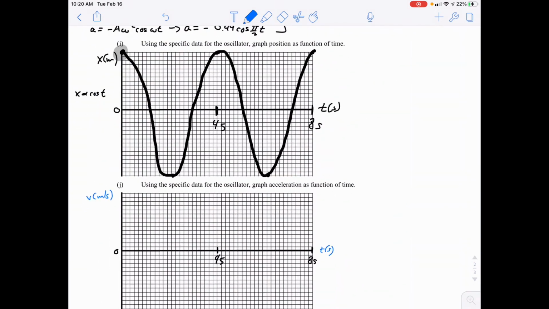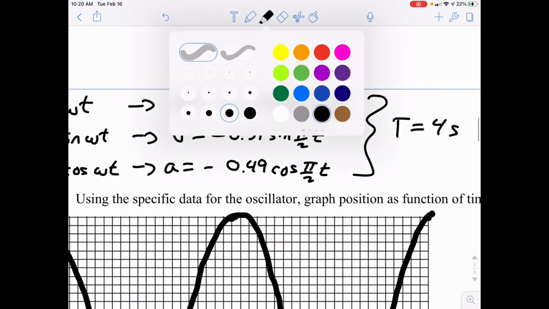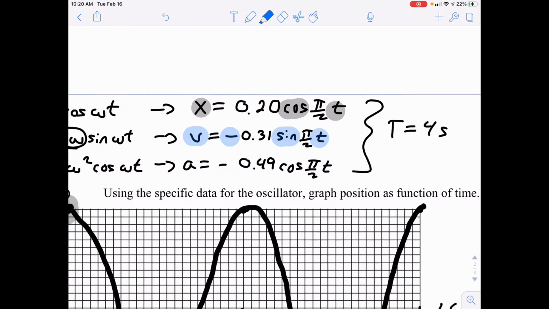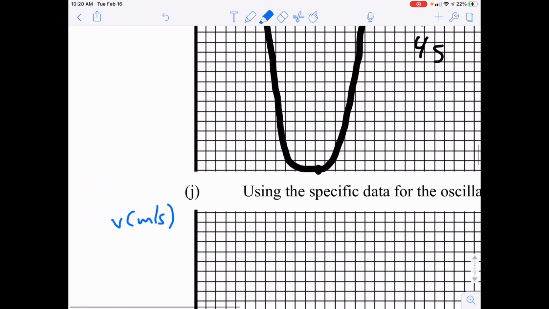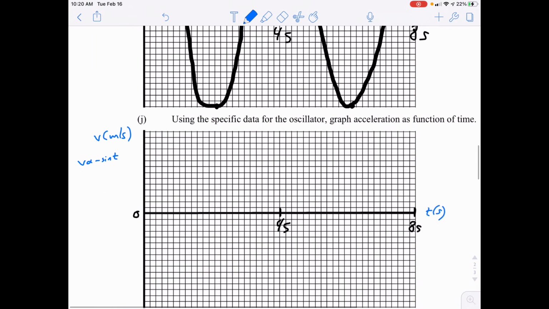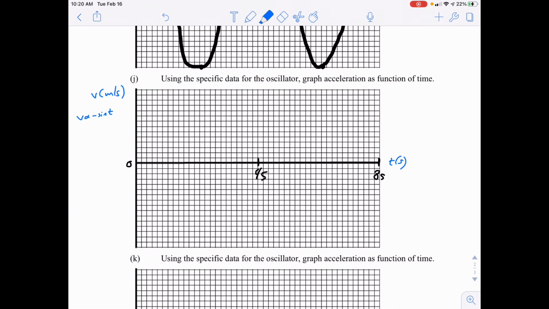So now recall, guys, velocity varies with the negative of sine of t. So what does a negative sine graph look like? Well, if a sine graph starts at 0 and goes up, a negative sine graph starts at 0 and goes down. And it needs to go down in such a way that it's going to repeat.